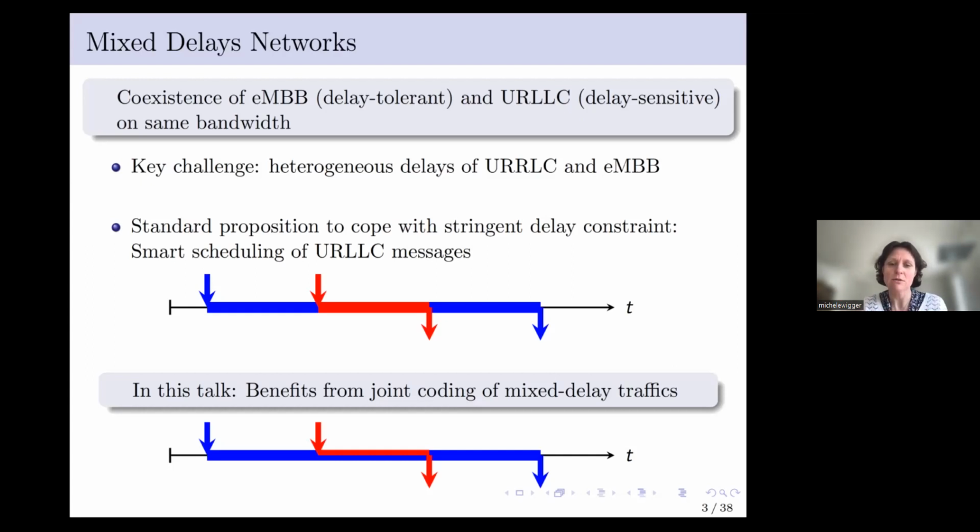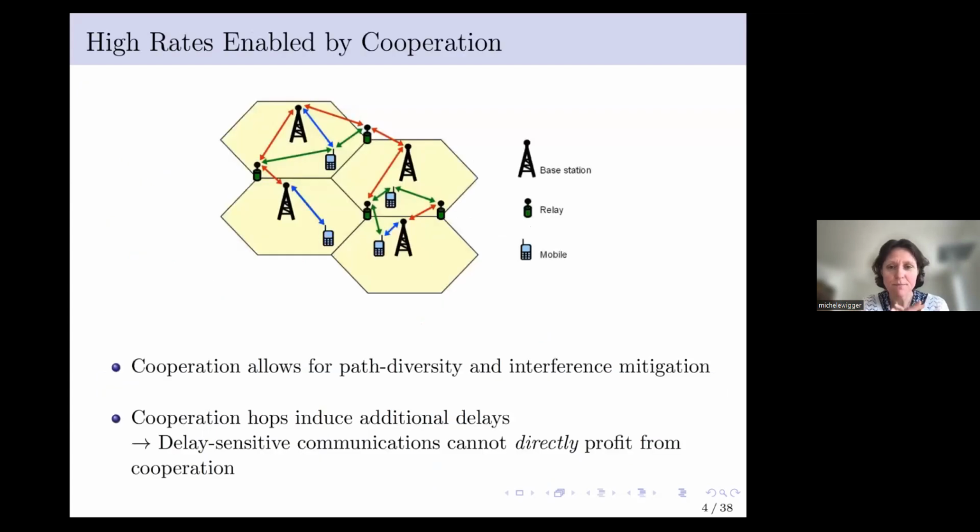So we want to see what the benefits are from joint coding of these mixed delay traffics. I'll always use blue for the delay tolerant transmission, which I'll call the slow data, and red for the delay sensitive data, which I call the fast data.